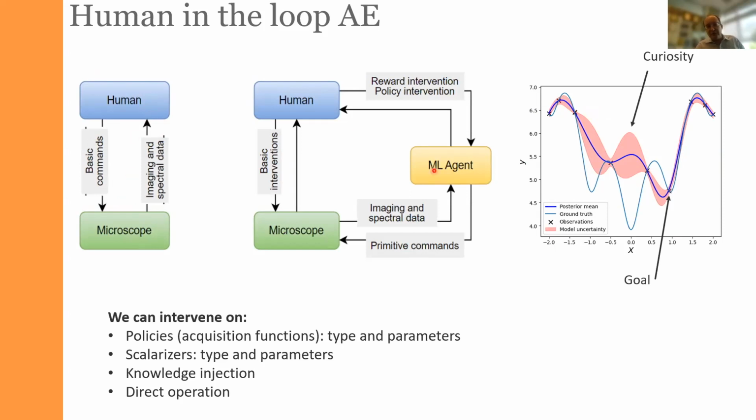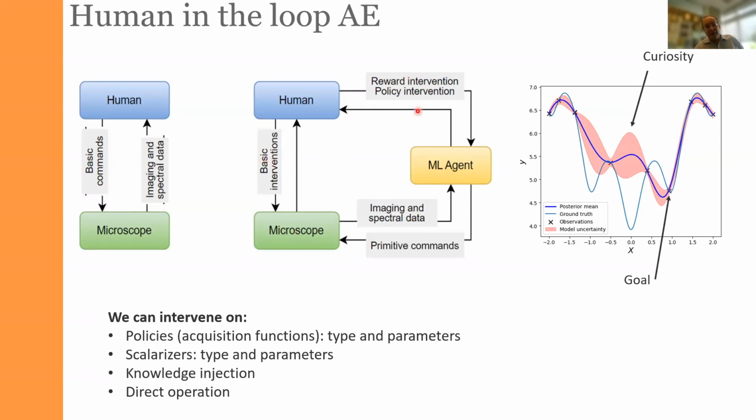So once we have the machine learning agent, the situation is totally different. Of course, the human can still introduce the basic commands. That's possible. But generally, we expect the machine learning agent to issue the basic commands and analyze the image and spectral data. What the human does is not primarily introduce the commands.